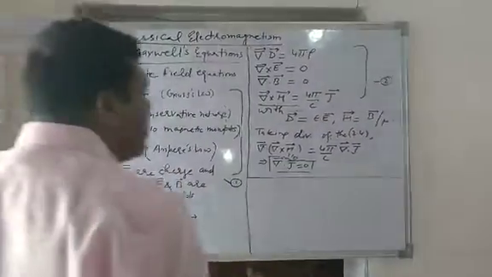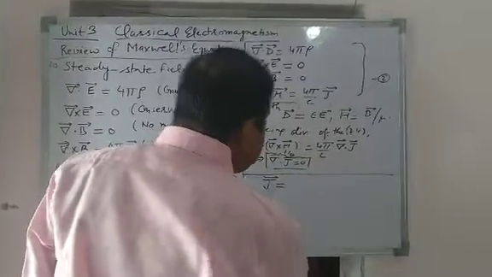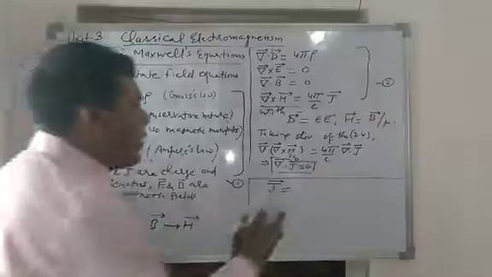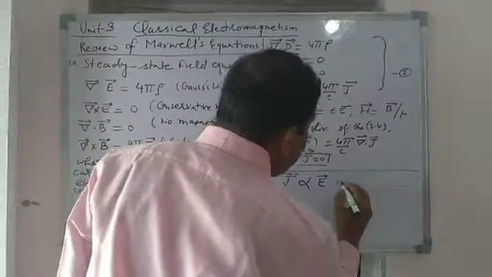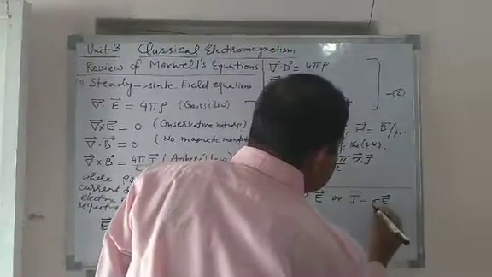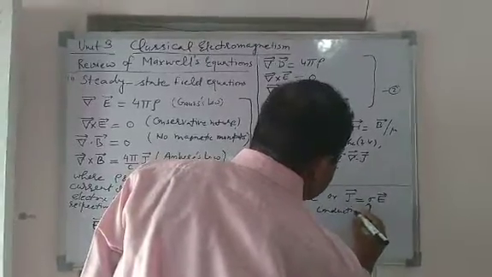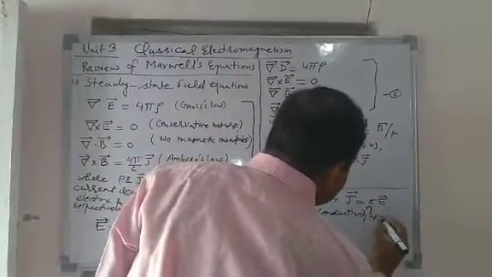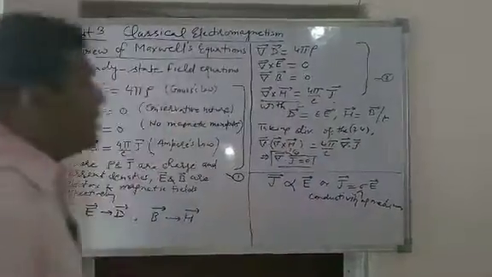Now, what is J? There is another law that in conductors, according to Ohm, J is proportional to E, or J is given as sigma times E, where sigma is called the conductivity of the medium and E is the electric field.